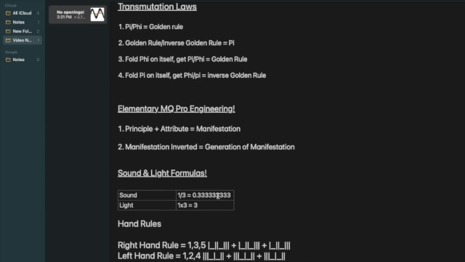Alright, we reduce it down. It would end up being 3 by 1. So when I say that sound and light either divide or multiply at a rate of 1 dimension by 3, I mean it literally.